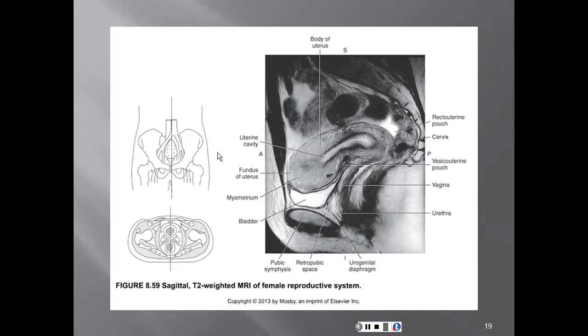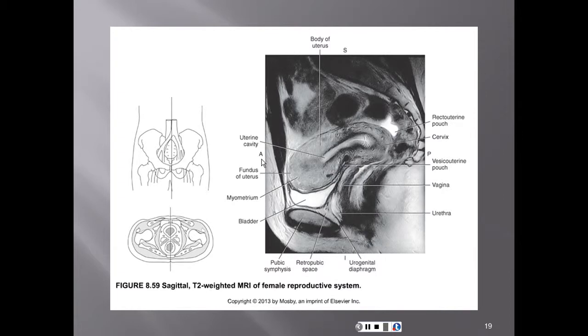This image can be found on page 525. The uterus is a pear-shaped muscular organ located in the anterior portion of the pelvic cavity between the bladder and the rectum. The wall of the uterus is composed of 3 layers.